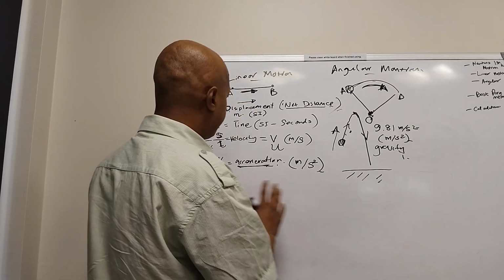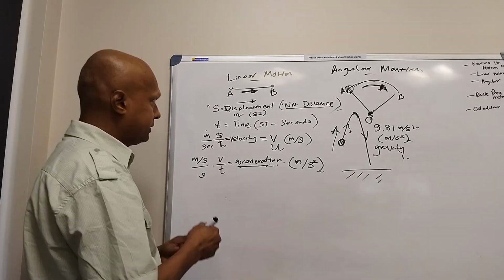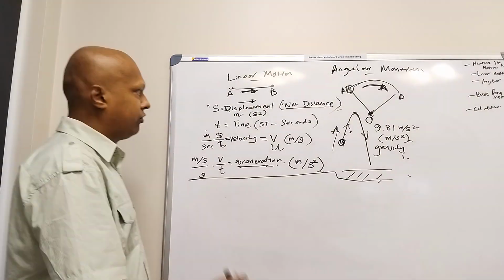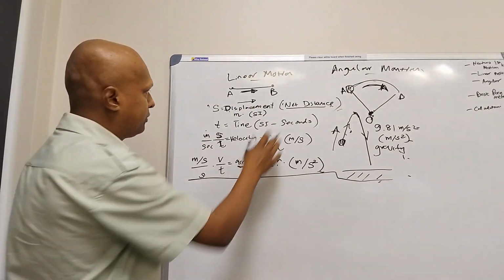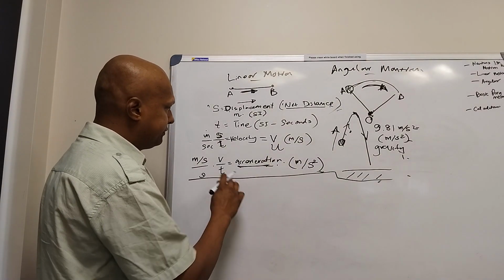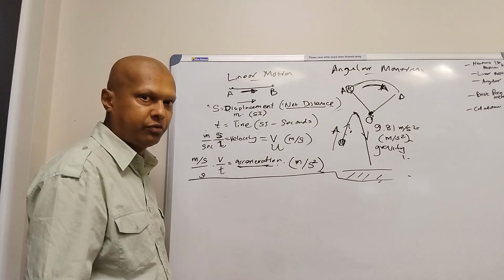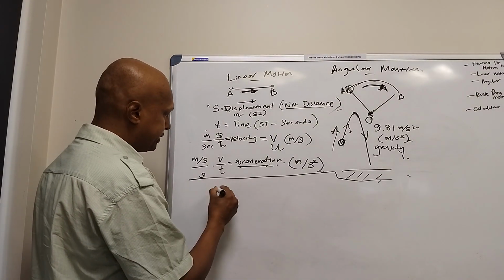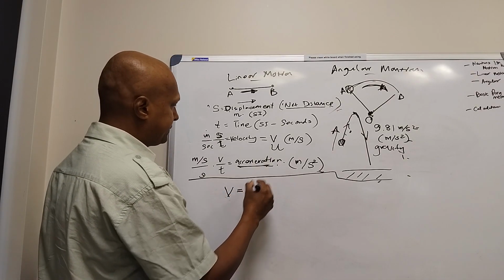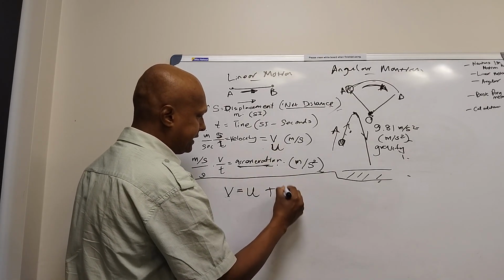Now let's look at what equations we use. I'm only talking about linear motion. In a calculation situation, if you want to find a parameter, the first equation we use is V equals U plus AT.